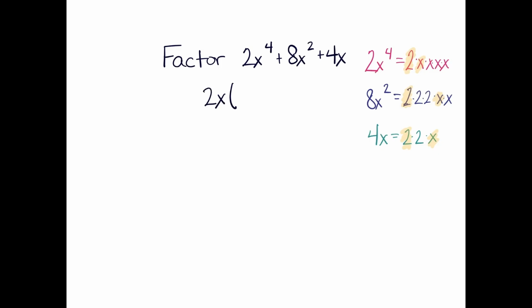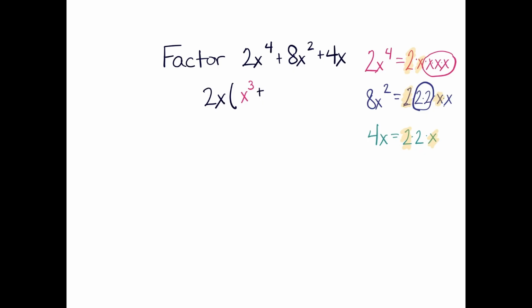So their common factor being 2 times x, then I'm going to look at each term separately. 2x to the fourth, what is left after I factor out the 2x? Or undistribute the 2x? I'm left with x cubed, or x times x times x. In the second term, 8x squared, what am I left with?